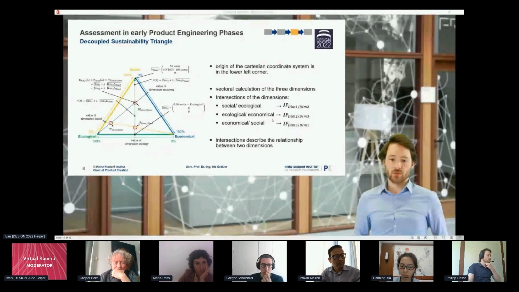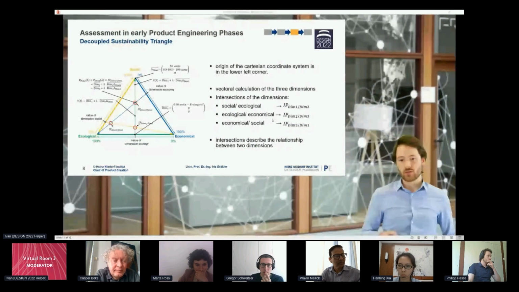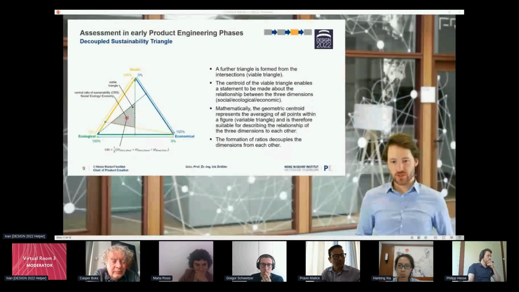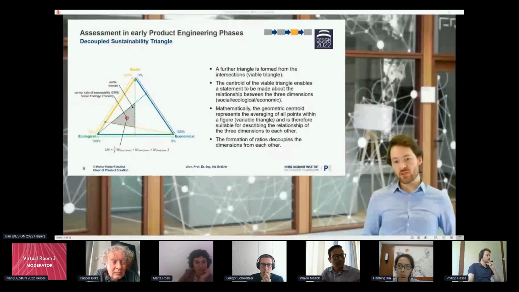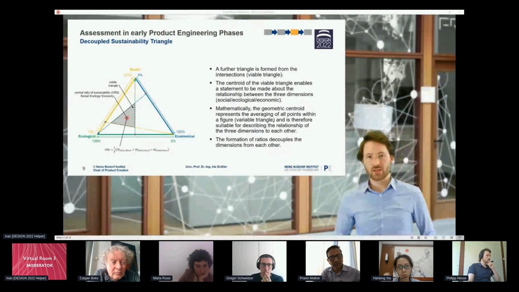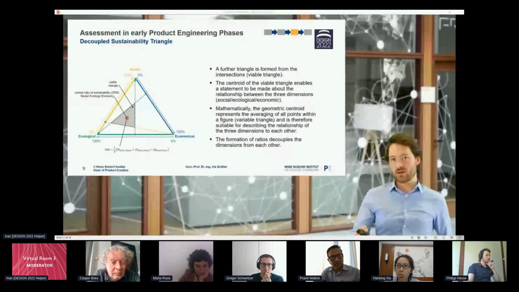And in the red circle, you see the intersection point, and we have 3 intersection points of these vectors. The intersection points are used to generate the available triangle, and the geometrical centroid of this triangle is the sustainability of one solution alternative. And by that method, we can decouple the dimensions and have no ethical challenges.